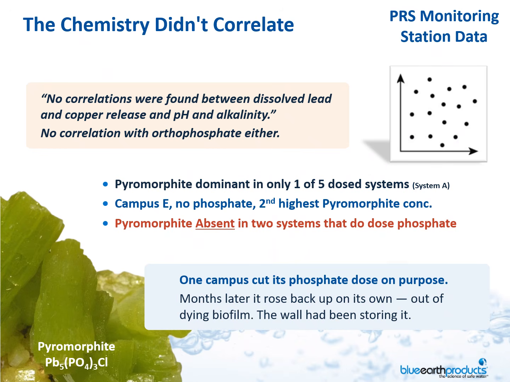This particular study has a large amount of data, particularly in areas where the water was stagnant. And in these situations, there was no correlation found between the chemistry of the lead and copper rule and dissolved lead. And there are a few more insights on this slide.